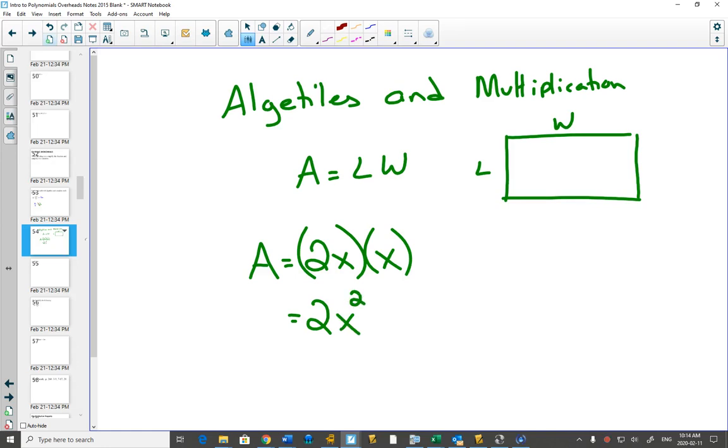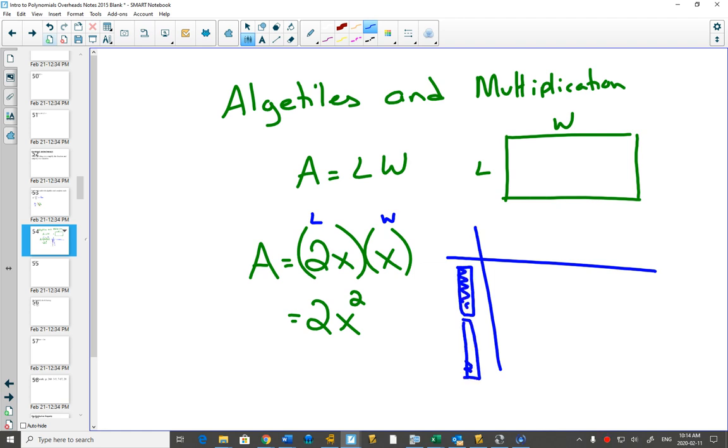With algebra tiles, you make one of these your length, make one of these your width, and make a chart like this. How do I draw an x with an algebra tile? That was the long skinny one. So I put one long skinny one here and another long skinny one here. Can you see that that's 2 x's?